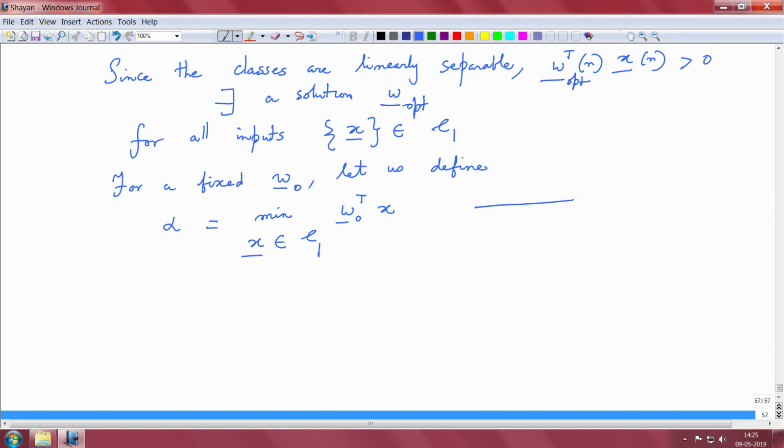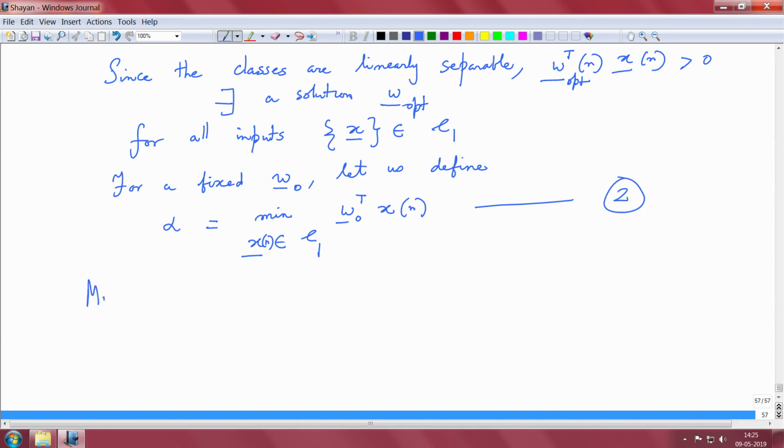Let us call this equation 2. For the purposes of illustration, we can put an index on x with time n, indicating the time step when x is presented.